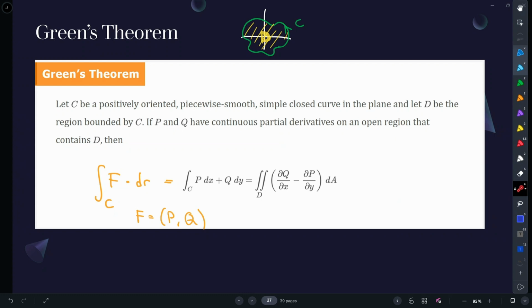Why is this important? Because sometimes these line integrals are really nasty, but the double integral over the area is really nice, or sometimes this integral in terms of area is really nasty, but the line integral is really nice.